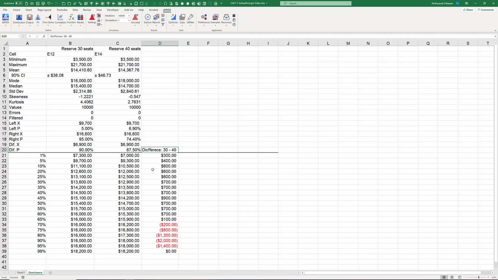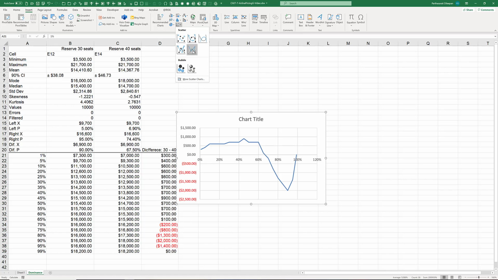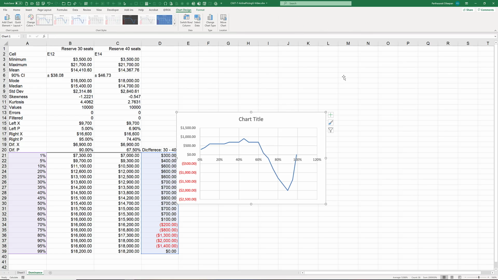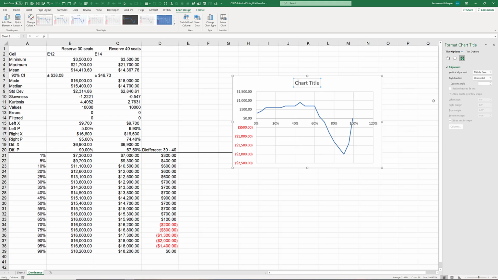Well, let's first plot these. Okay, these are the x values, these are the y values, the differences. So we're going to plot that. So this will be the difference in expected revenue.